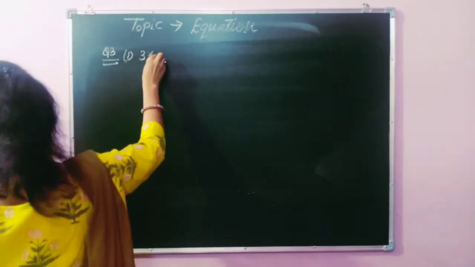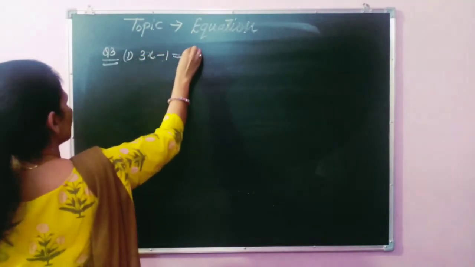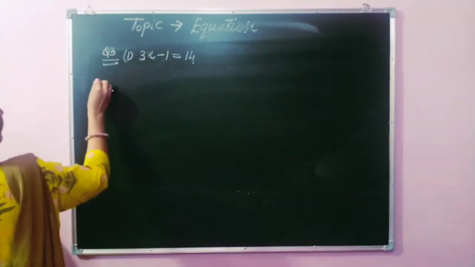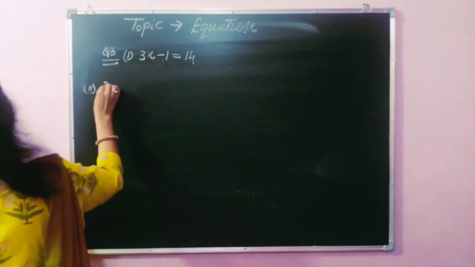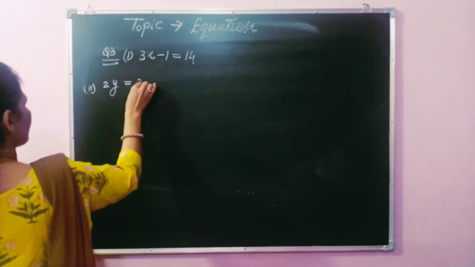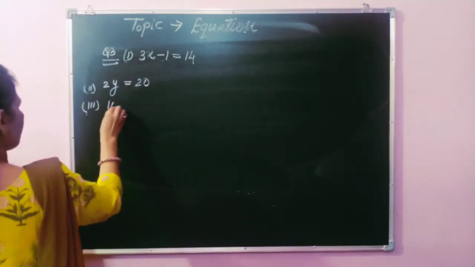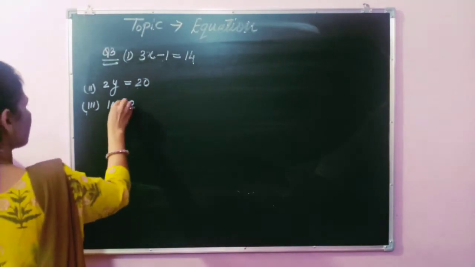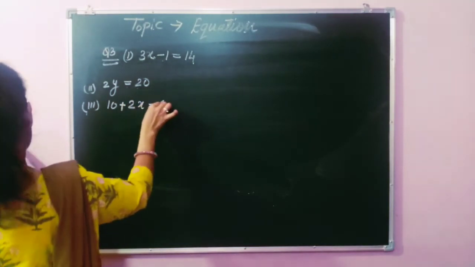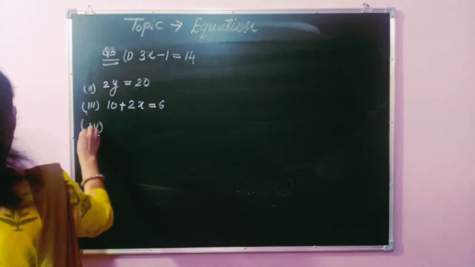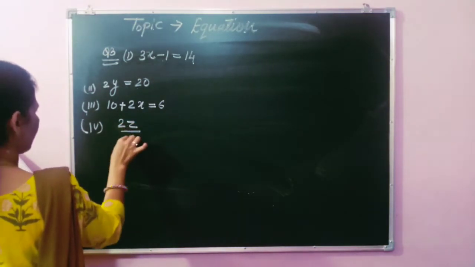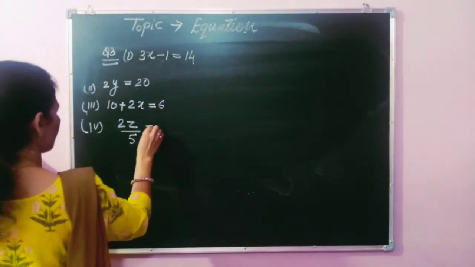3x minus 1 equals 14. Second one is 2y equals 20. Third one is 10 plus 2x equals 6. Fourth, 2z by 5 equals 8.